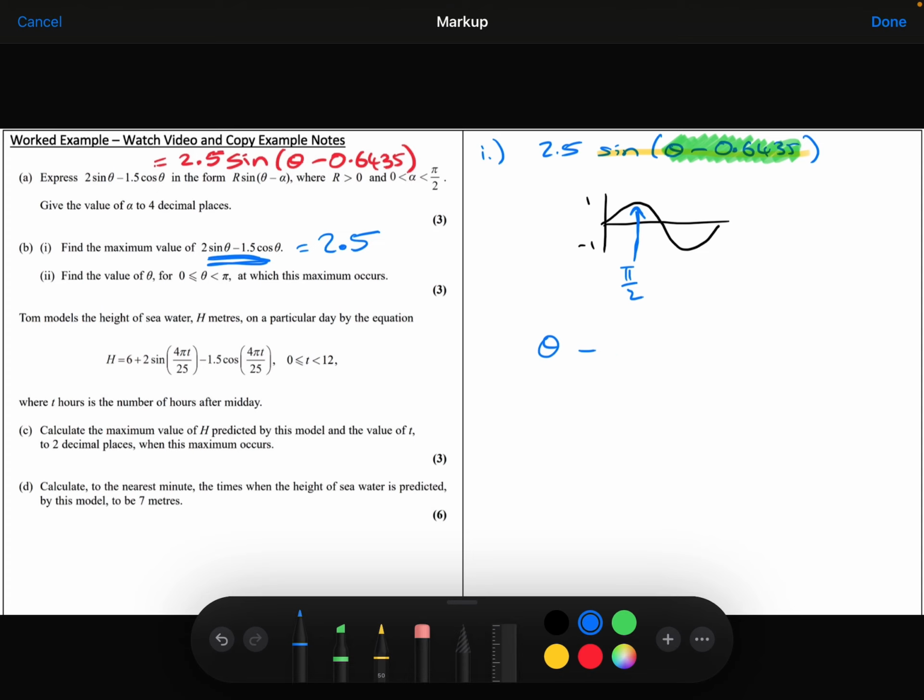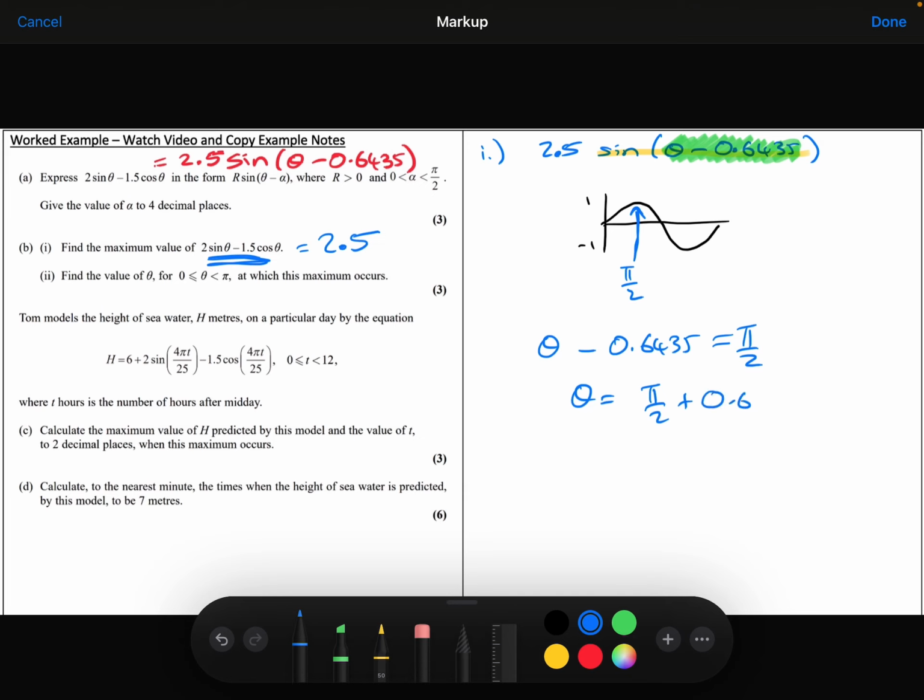So theta minus 0.6435 would have to equal pi over 2 in order to get that maximum. So I can have sine of pi over 2 is equal to 1, and timesing by the 2.5 to get the maximum of 2.5.